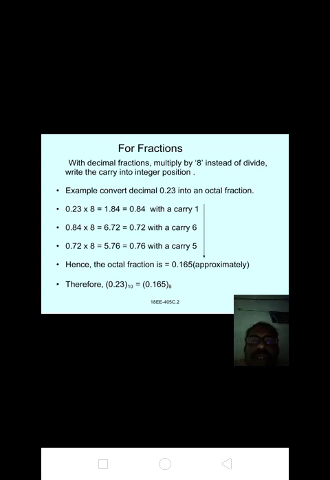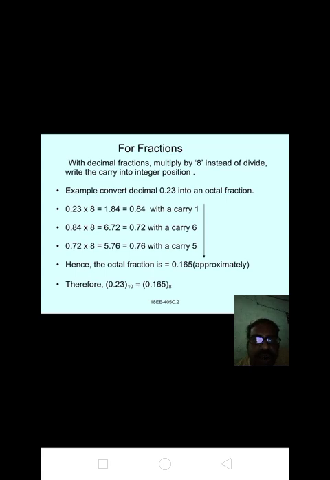Convert decimal 0.23 into an octal fraction. 0.23 into 8 equals 1.84. We take the integer part 1 as a carry, so we get 0.84 with carry 1. 0.84 into 8 equals 6.72, that is 0.72 with carry 6. 0.72 into 8 equals 5.76, that is 0.76 with carry 5.